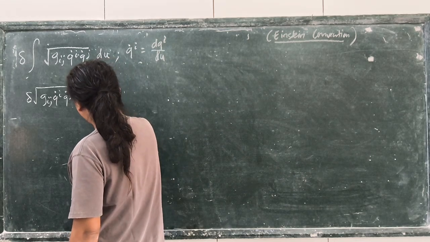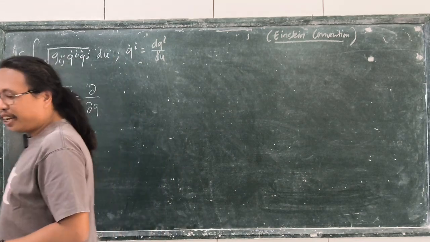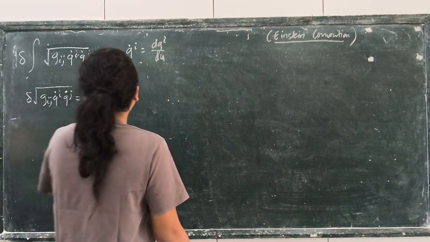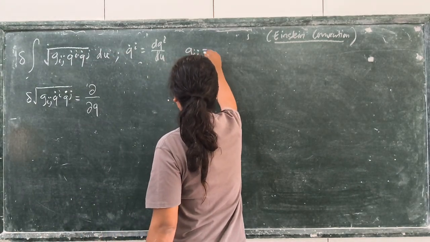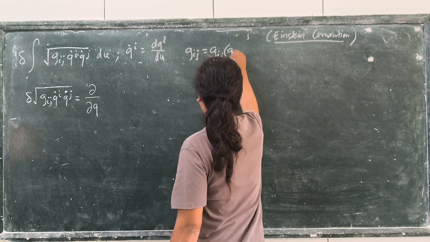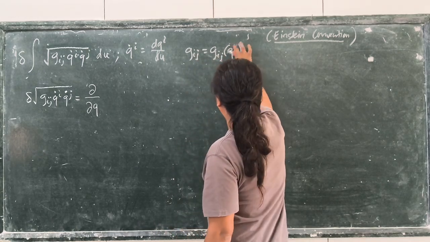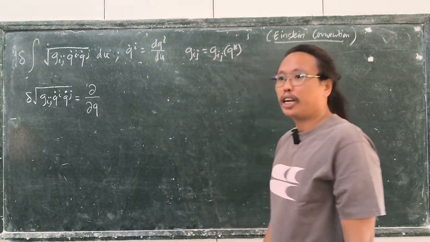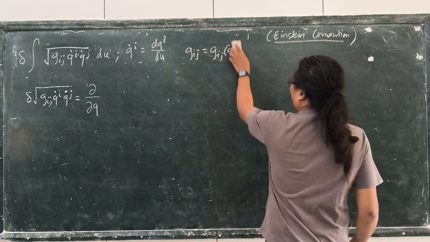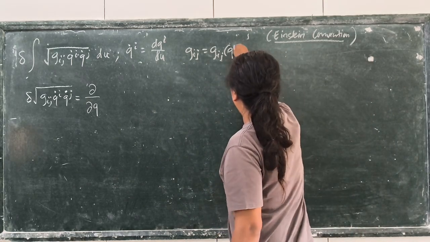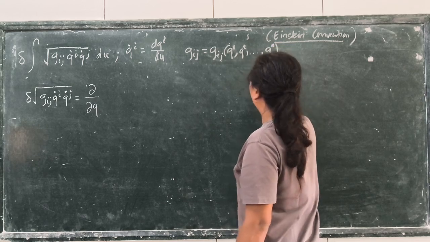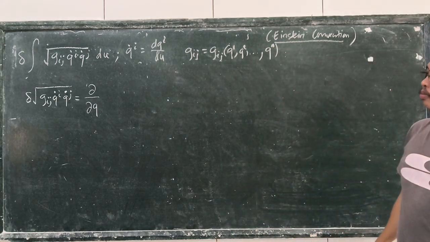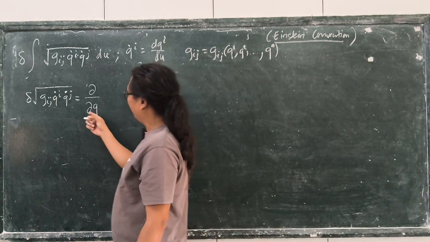Partial over partial Q. Okay, by the way, before proceeding, I'd like to point out that Gij is a function of Qi, or some Qk. In general, to spell it out, that is Q1, Q2, up to Qn. Okay.